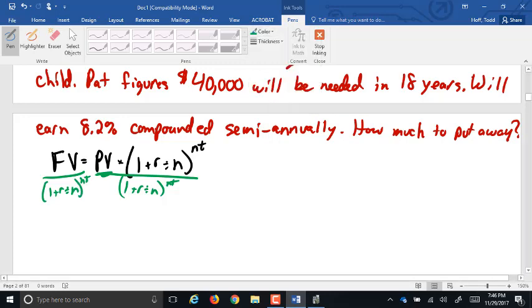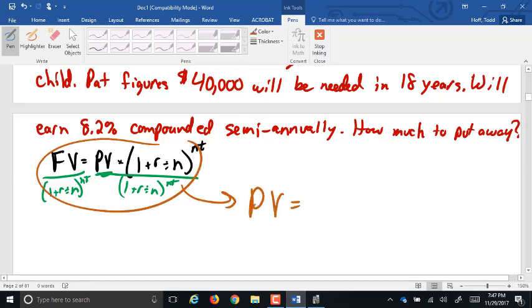So what that gives us is a formula for present value, where it is equal to the future value, but instead of times, it is divided by 1 plus r divided by n to the power of n times t.